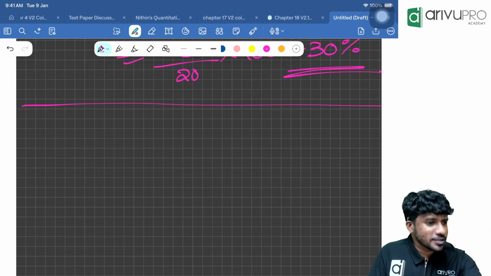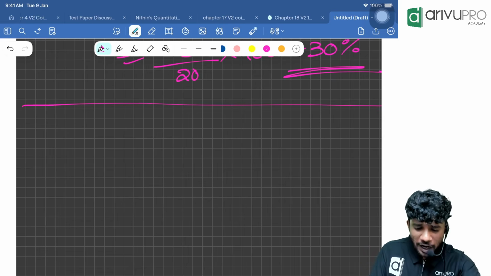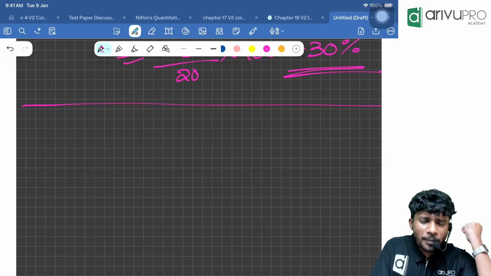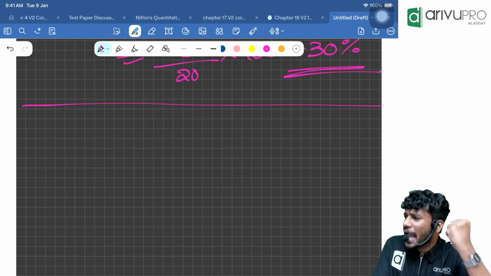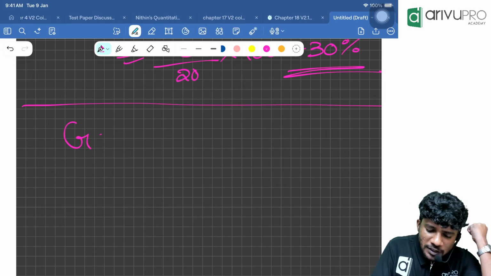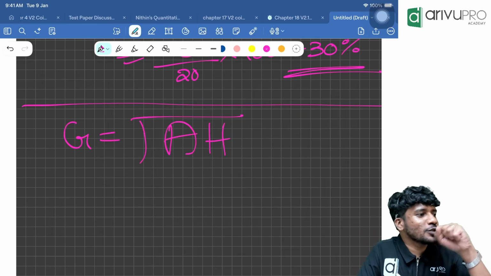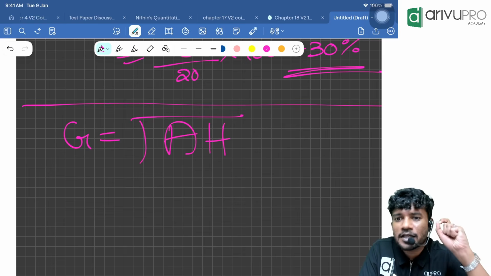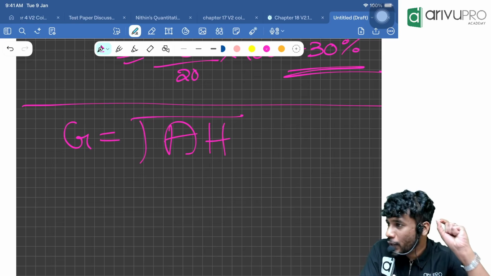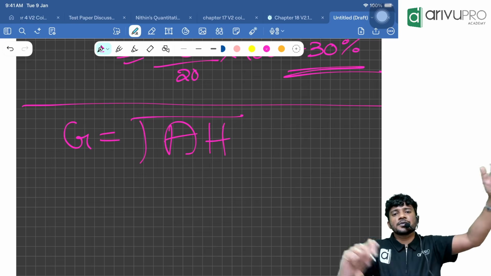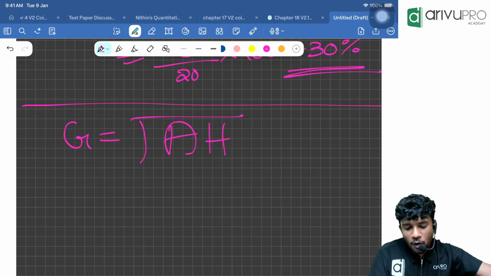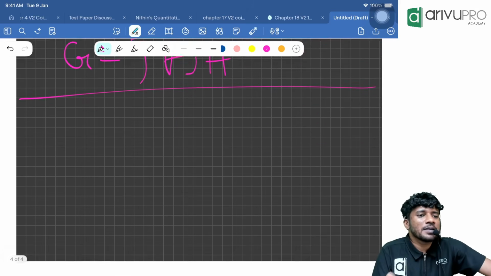A few more formulas I want you to remember. How can I connect geometric mean, arithmetic mean and harmonic mean? Geometric mean is the root of A into H, where A means arithmetic mean and H means harmonic mean. Then what was the connection between mean, median and mode?